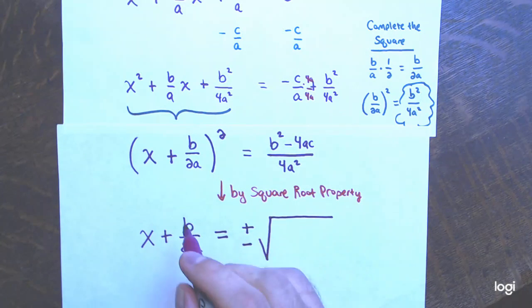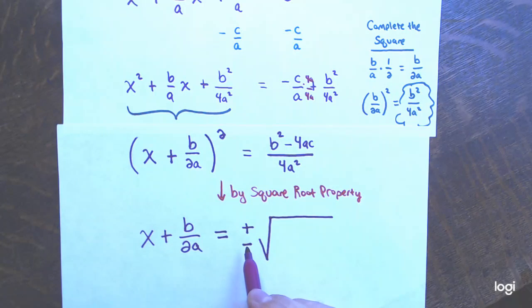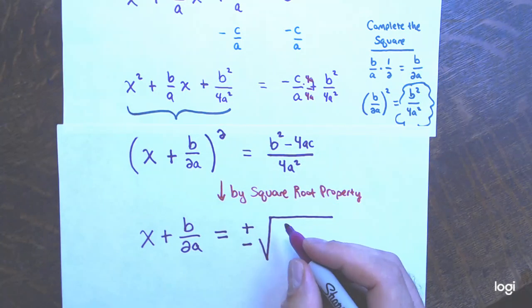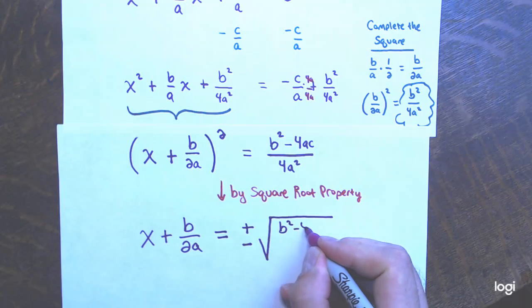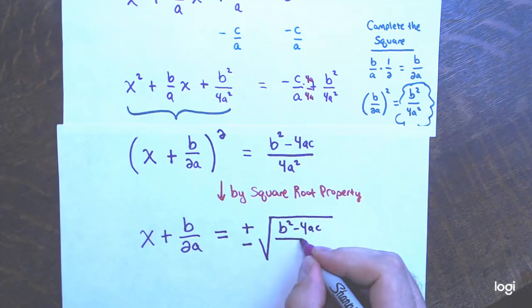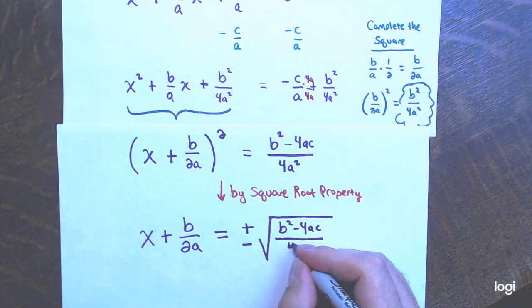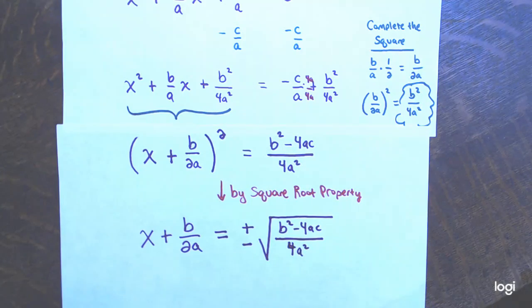This x plus b over 2a could also be the negative square root of this number on the other side, this fraction b squared minus 4ac in the numerator divided by 4a squared in the denominator.